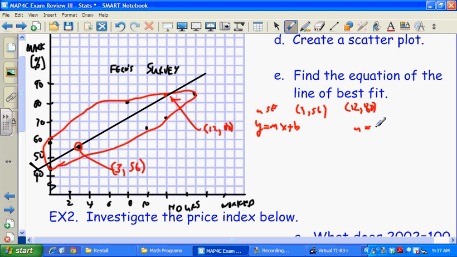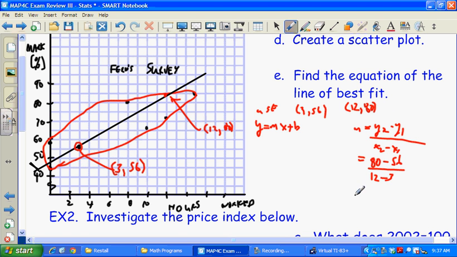All these are formulas that should be on your formula sheet, right? y2 minus y1 over x2 minus x1. Put those numbers in there. Remember, y2 minus 56 over x2, which is 12, minus 3.